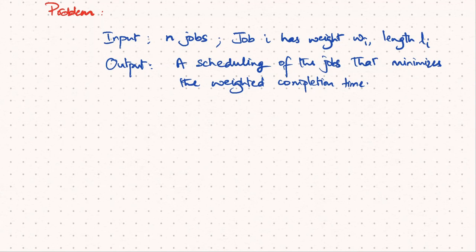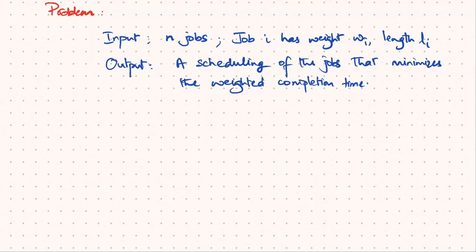So given n jobs, how do we go about finding the scheduling which has the least weighted completion time? Each scheduling might have a different weighted completion time, and each scheduling is basically a permutation of the n jobs, different ways of arranging them in a sequence, right?